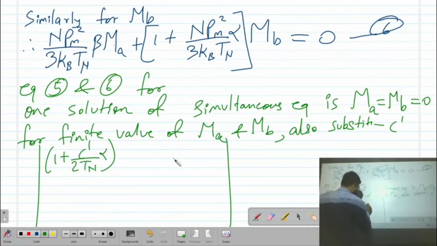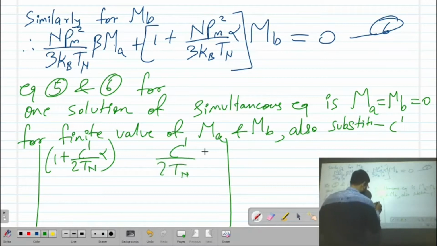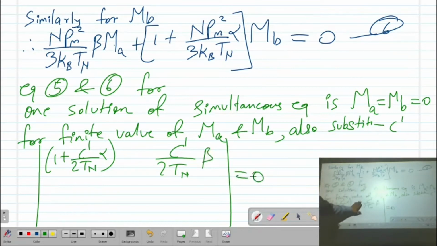Now this will be C dash by 2 T of n beta is equals to 0. This is from equation number 5. Now I will have the equation from equation number 6, that is C dash by 2 T of n beta, that is the first term.